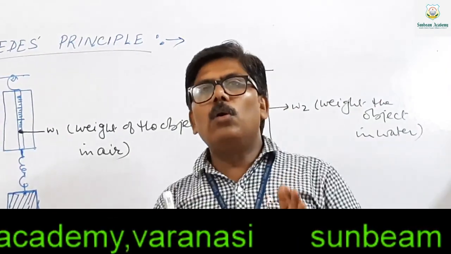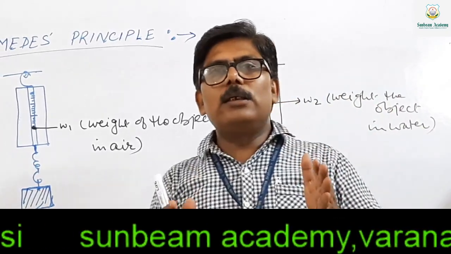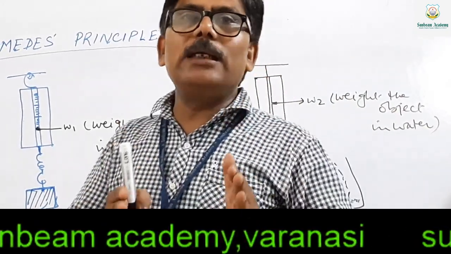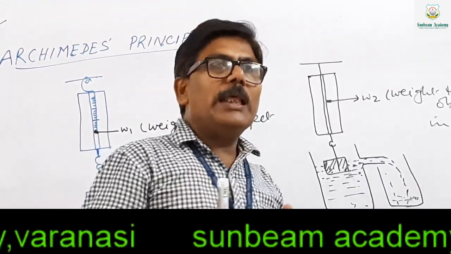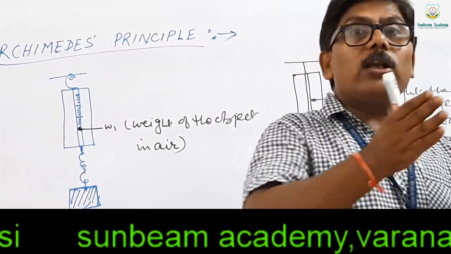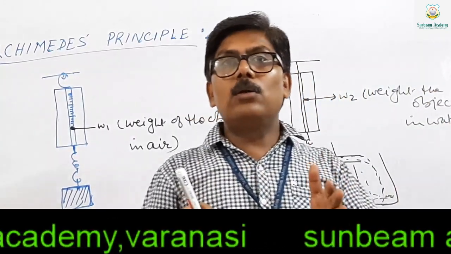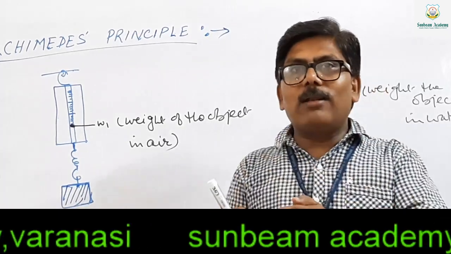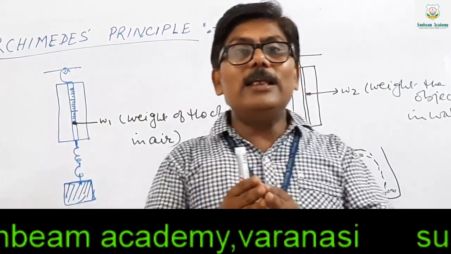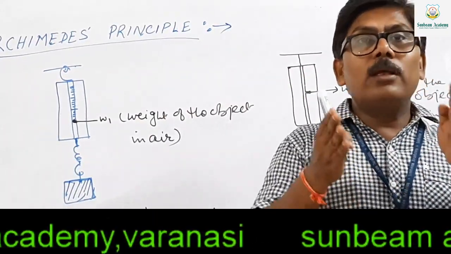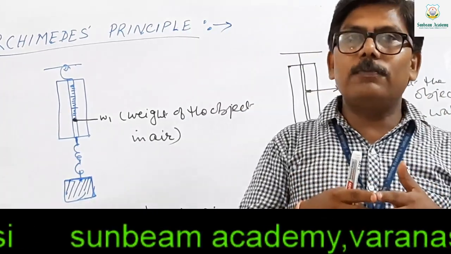It means that the amount of water displaced by the ship is equal to the weight of the ship. जहाज के वेट के बराबर, वो शिप जब पानी में उतारते हैं तो वो अपने वेट के बराबर वाटर को डिस्प्लेस करता है. That's why this ship floats on the surface of the sea water.